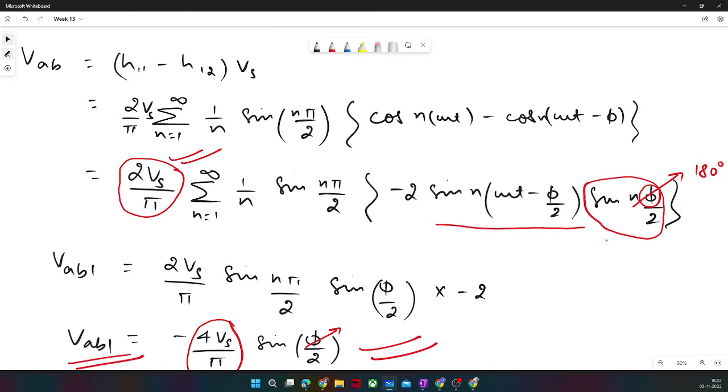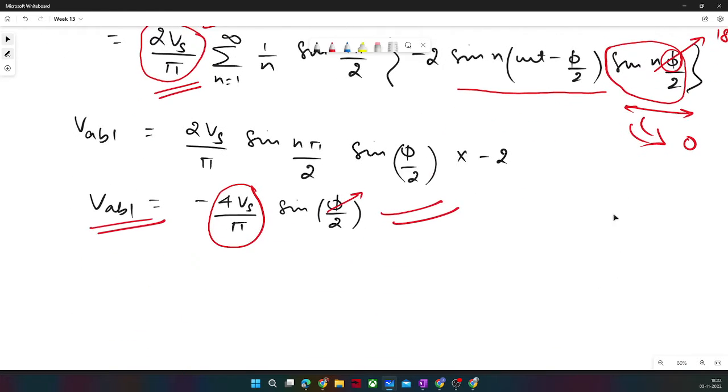You need to equate this sine n phi by 2 to 0. But again, if you equate it to 0, then you will lose control on this voltage. The voltage, whatever will come, you have to accept. So that's the thing with this type of control. You got what I'm trying to convey here? Yes, sir. Yeah, so you have only a single control.